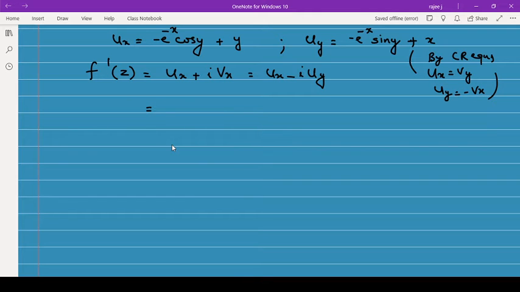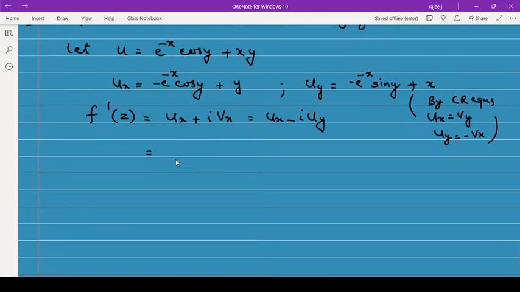By applying the Milne-Thomson formula method, we can directly write that. So ux is minus e raised to minus x cos y plus y, and minus i into uy is minus e raised to minus x sin y plus x.